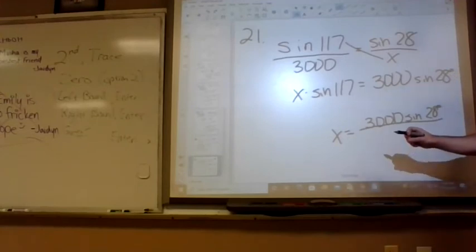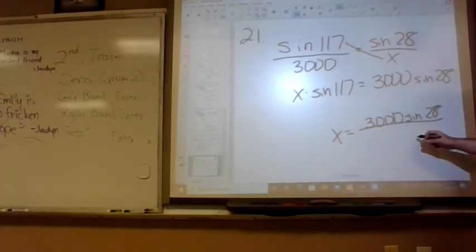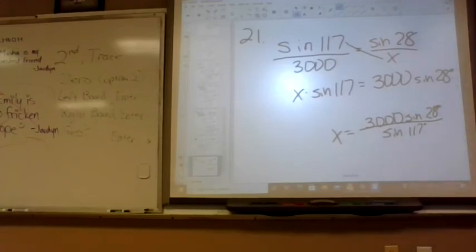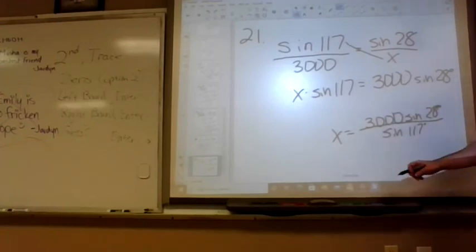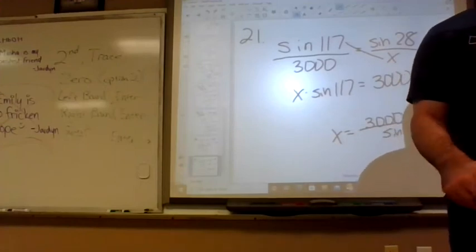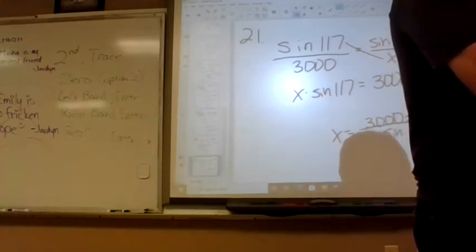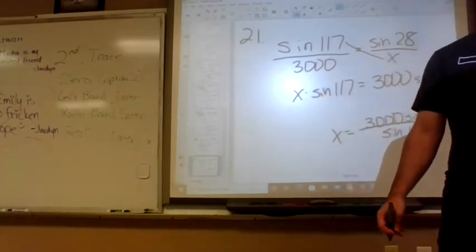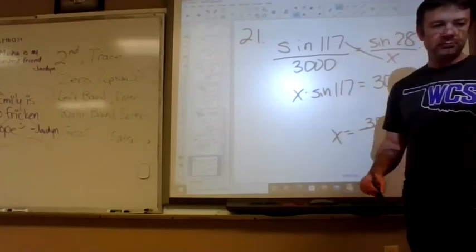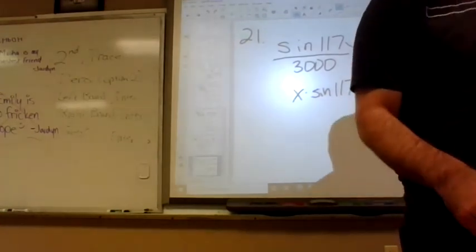Well, we know the big side of the triangle is 3,000. It should be less than 3,000, right? But it still should be pretty big. 1,580.170058. They probably rounded to the ones place. They just put 1580. I guess they're still doing 3 significant digits.